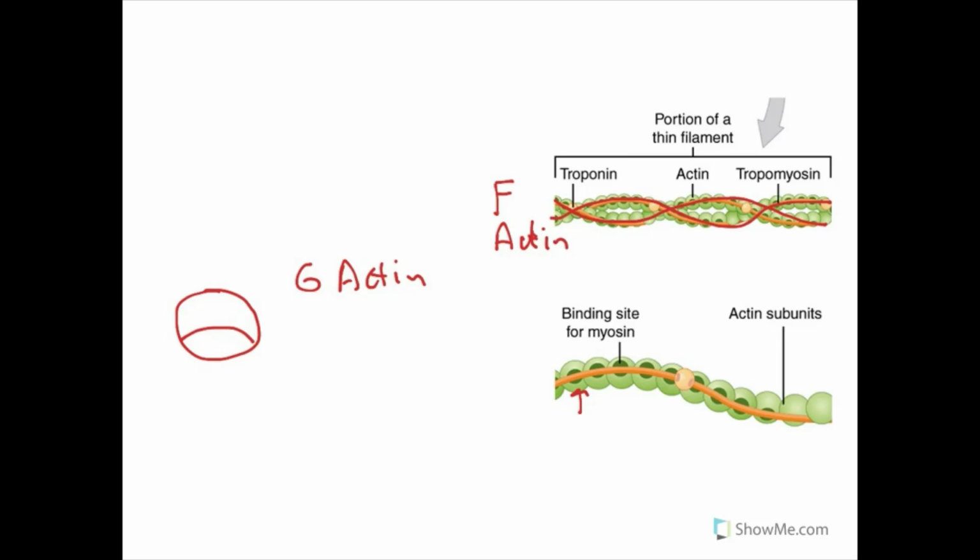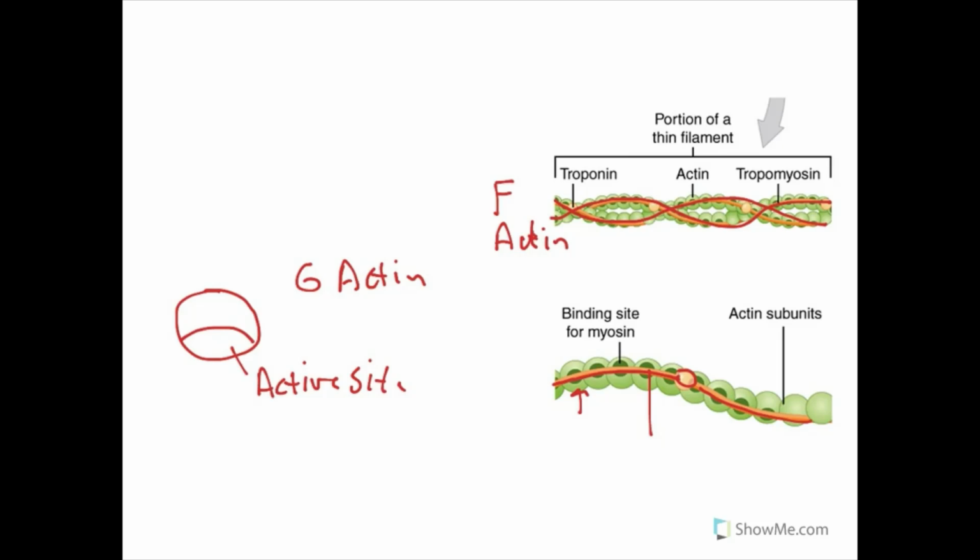Now, besides G-actin being present, the G-actin here is going to have what is called an active site, or myosin binding site, and it is regulated by another protein here called tropomyosin.